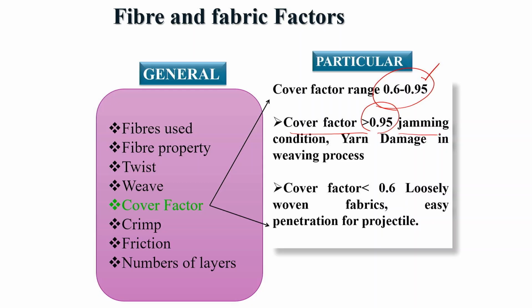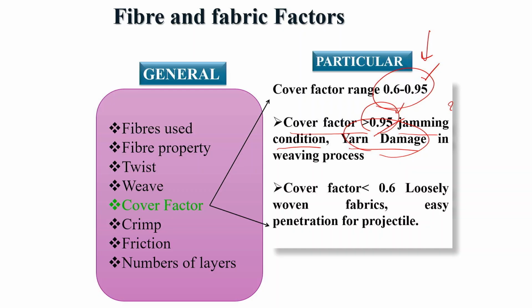In that case there will be a jamming condition and yarn damage may take place during weaving. If we try to have a higher cover factor to enhance the protection performance, there may be damage in the yarn. So, that we have to control. The maximum recommended cover factor is 0.95.